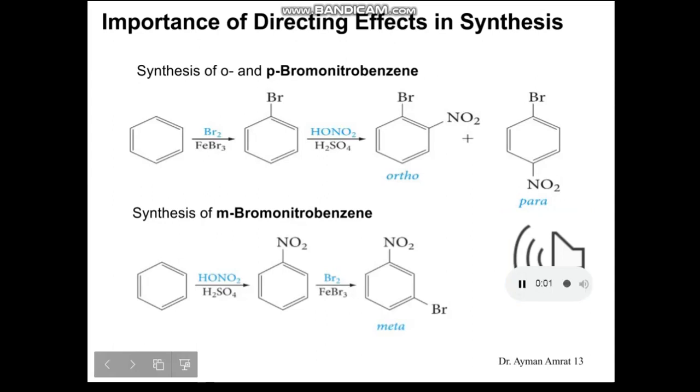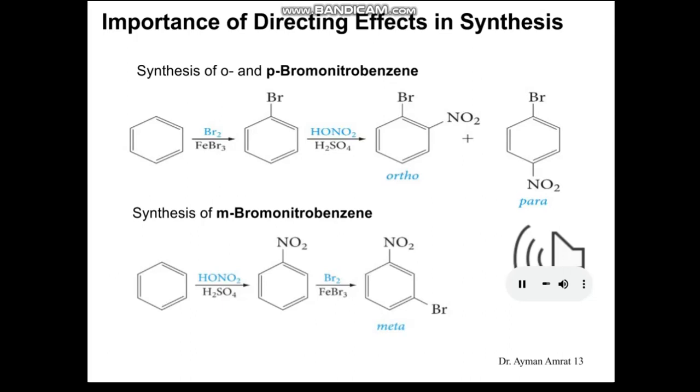The directing effect is important in the synthesis of organic compounds. For example, if someone needs to prepare ortho- and para-bromonitrobenzene, the process needs two substitution processes, bromination and nitration.